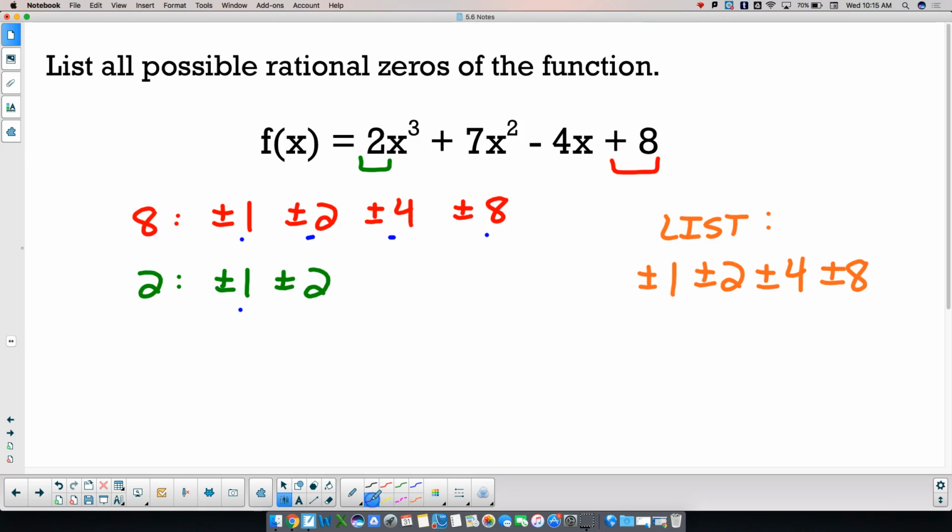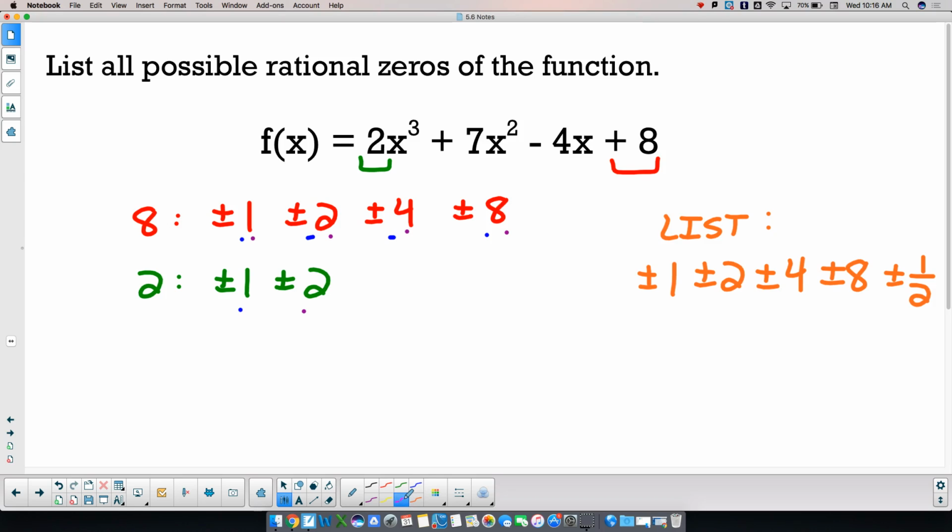Then I take all the red numbers and I divide them by the second green factor. Well, 1 divided by 2 is 1/2. 2 divided by 2 is 1, and I already have that in my list, so I don't need to repeat it. 4 divided by 2 is 2, I already have that, no need to repeat it. 8 divided by 2 is 4, already have it, no need to repeat it.